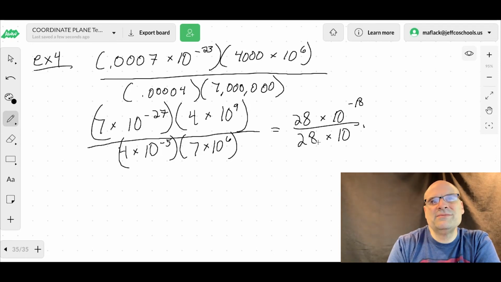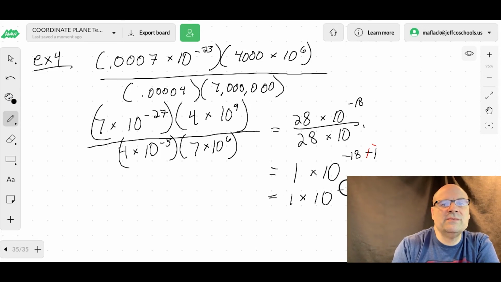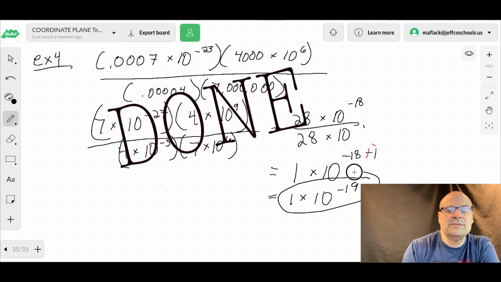Well, instead of converting to scientific notation right here, since you could do this division pretty easily, let's just keep it. 28 divided by 28 is 1. And then this is 10 to the, remember, write it out. Negative 18 minus 1 is actually negative 18 plus negative 1. Okay, so that means you're going to have 1 times 10 to the negative 19th.